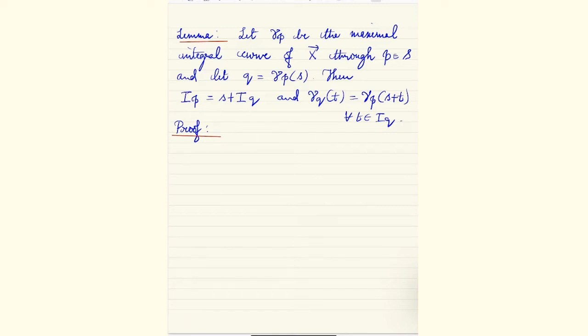So let's define a new curve, eta, with variable r, to be gamma Q at r minus S. Of course, the choice of defining eta comes from what we want to prove: how to relate gamma Q and gamma P.